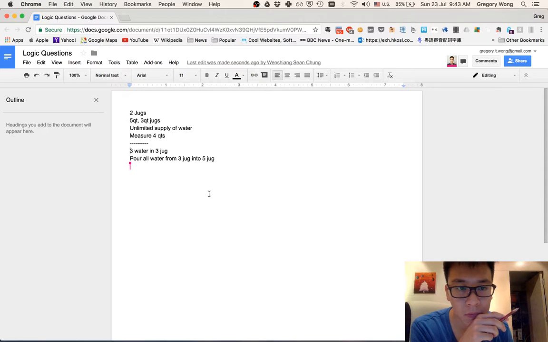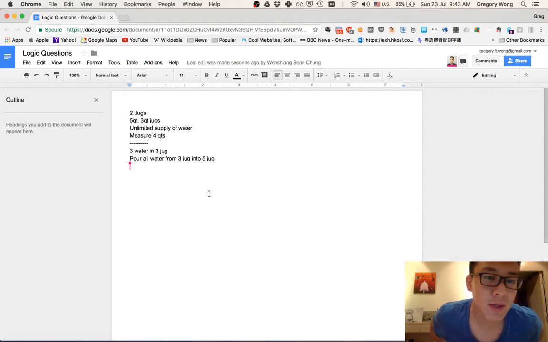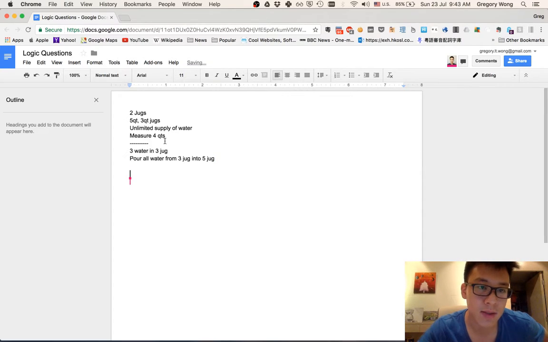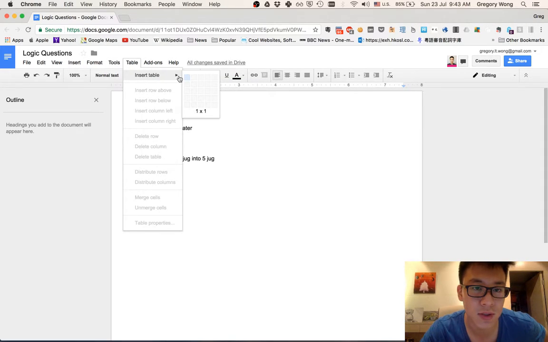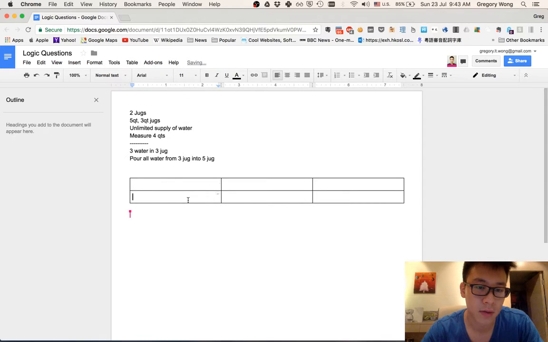Then we can say if we. Actually, sorry, do you mind if I interrupt? To make this easier, I think for this case we can just use a table. This would be how much is in the 3 quart jug, this would be how much is in the 5 quart jug, and this is what action we take.